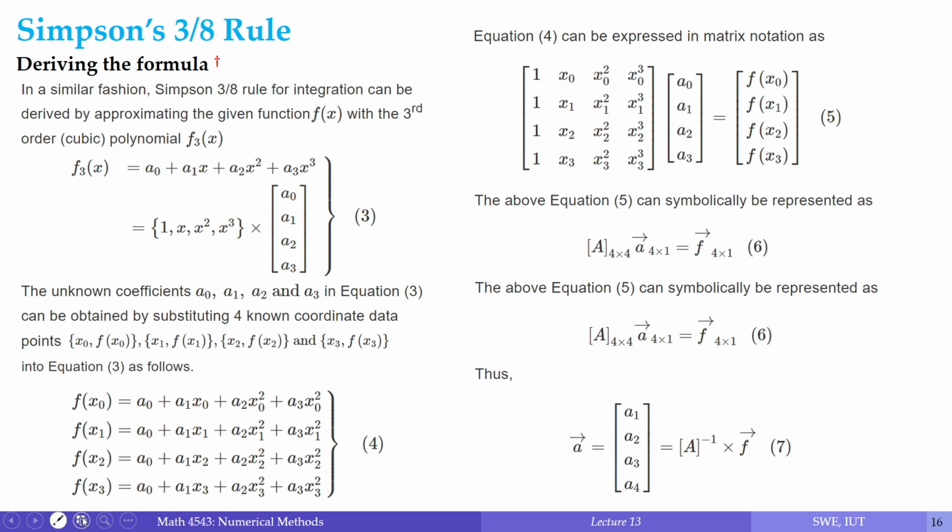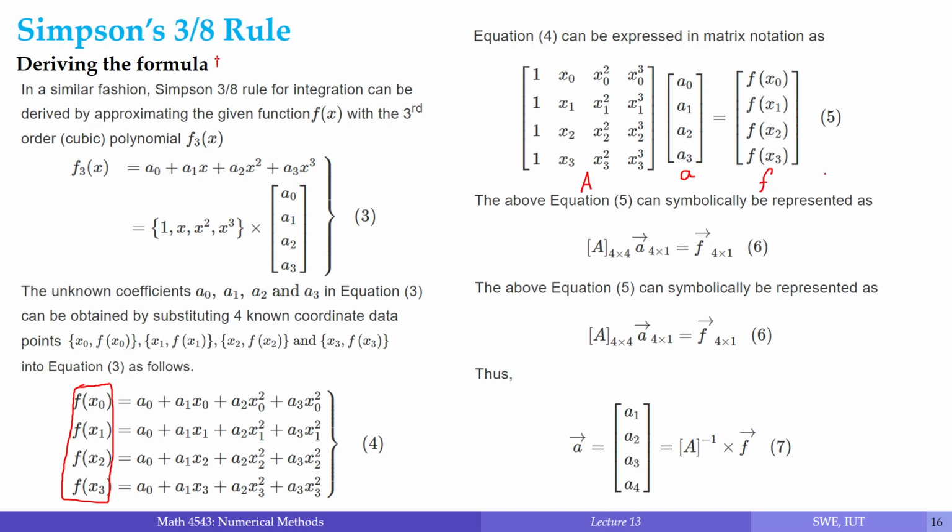Now that we have this, let's denote this matrix using capital A. Let's denote the column vector of unknowns using small a. And we know the column vector of our functional values, which is this thing over here. Let's denote this column vector as f.